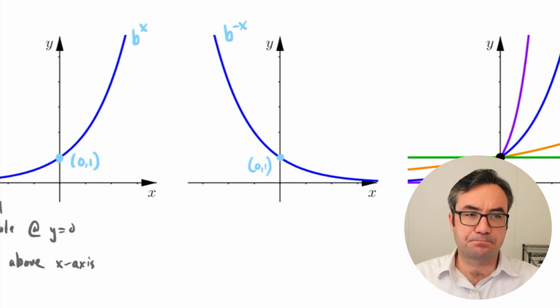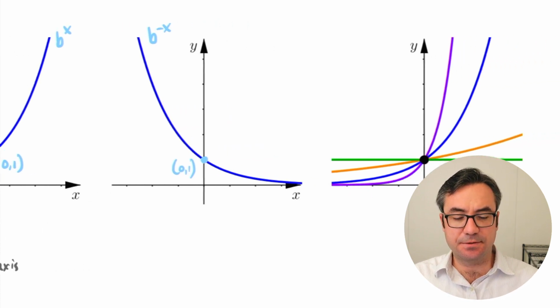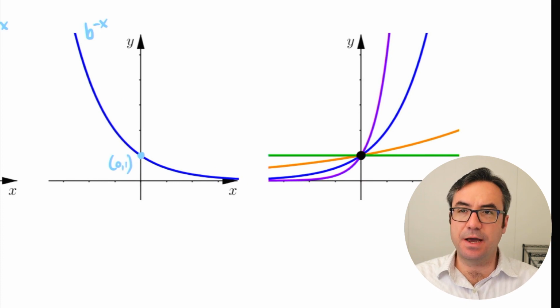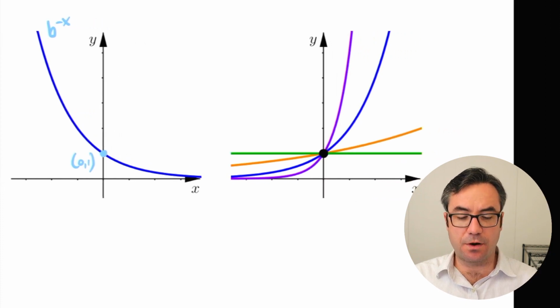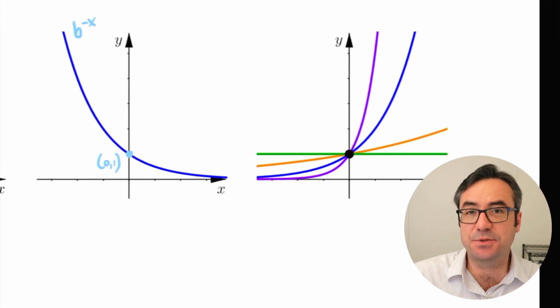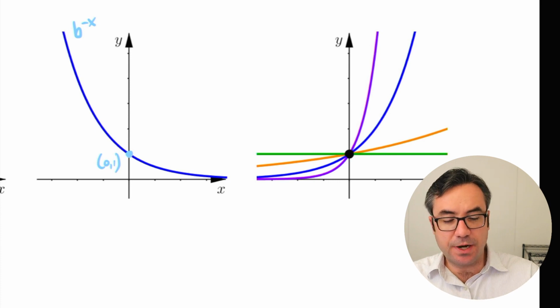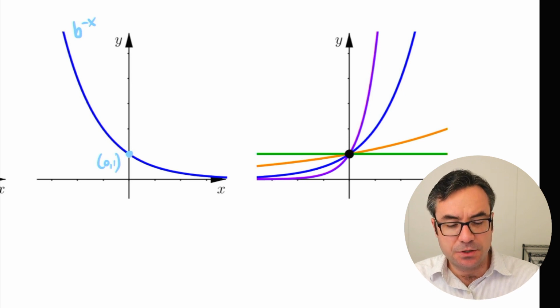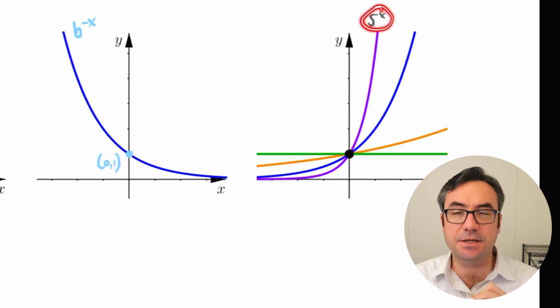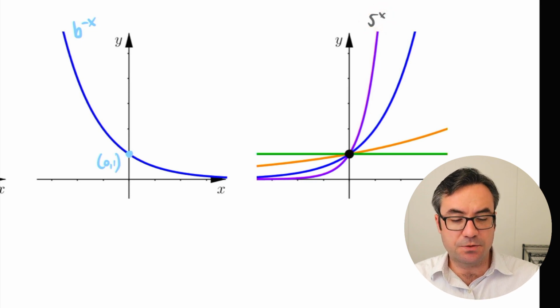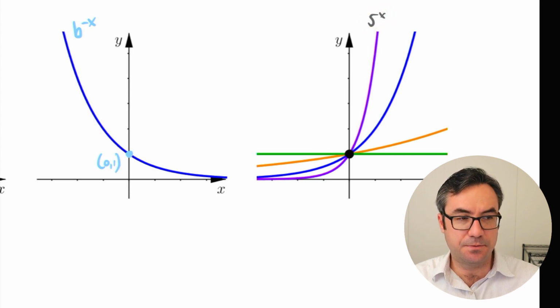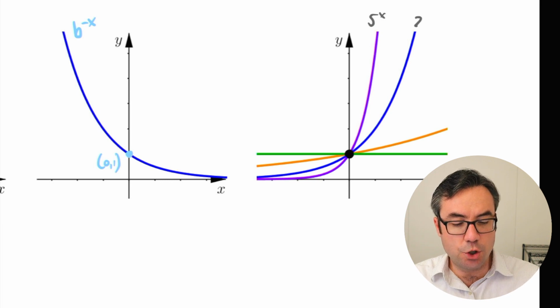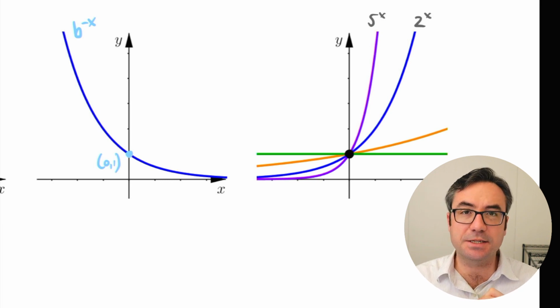Okay. Now what happens if we look at the graphs for a few different specific exponential functions? Here I have plotted a few different exponential functions. Here we have 5 raised to the power x. The next one is 2 raised to the power x.